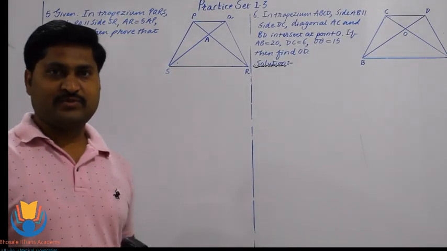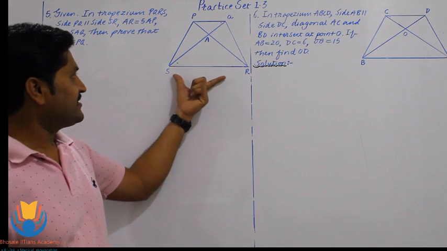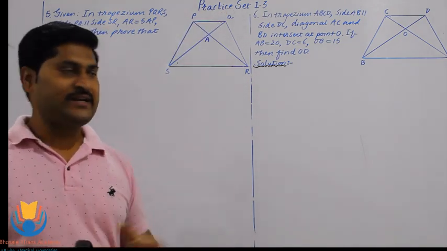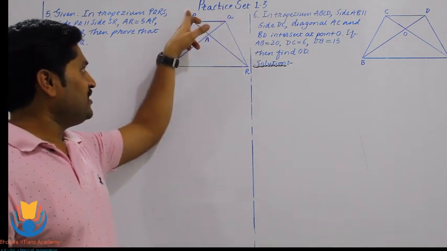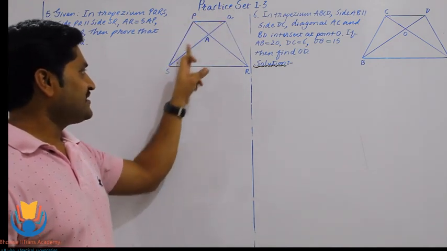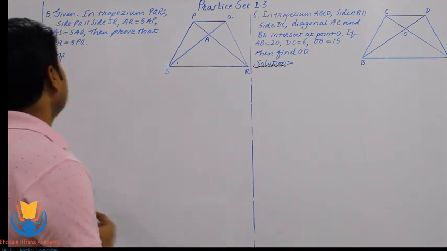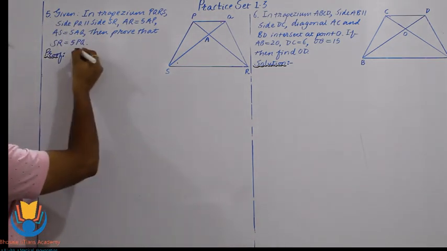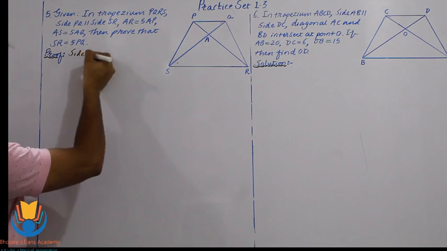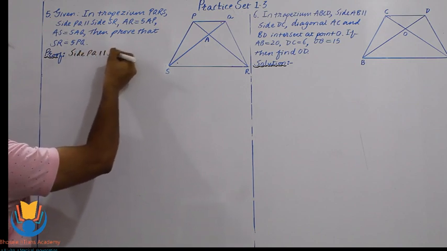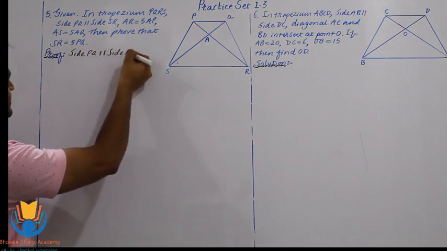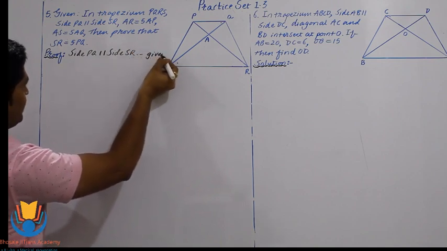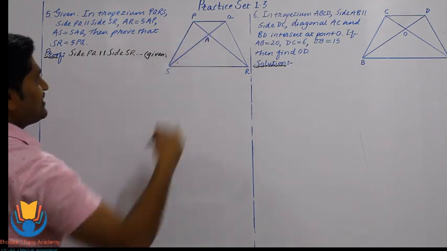Let's start question number 5. Here we have to prove that SR is 5 times PQ. For that again we have to prove that triangle QAP is similar to triangle SAR. For that first we will copy from the given that side PQ is parallel to side SR. So this is given, and we can take one of the diagonals as transversal.